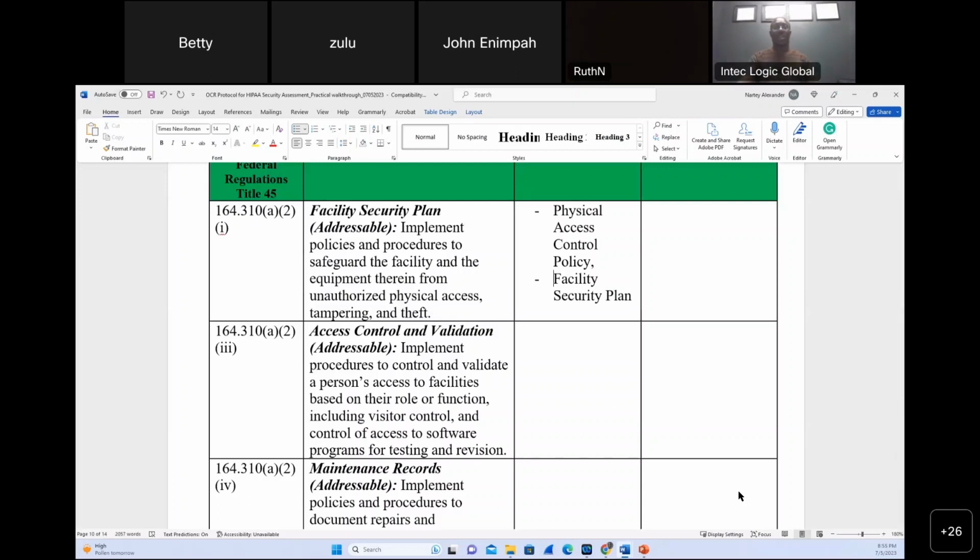Good. So here, all that you want to see is what measures they have put in place to safeguard PHI, right? In this case, that is when you are doing the walkthroughs. Most of the time, physical security is done through walkthroughs. When you say walkthrough, you take a walk through the facility, right? You have your notebook and your pen, walking around.